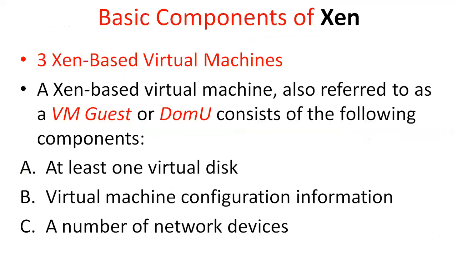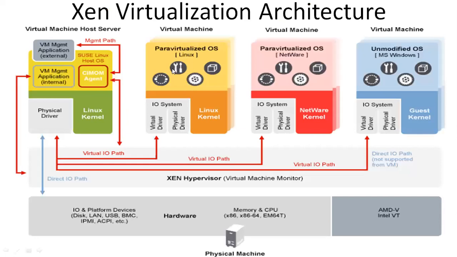What about the Xen-based virtual machine? These virtual machines are also referred to as virtual machine guests or DomU. Simply remember that as a virtual machine guest. These are all guest operating systems.